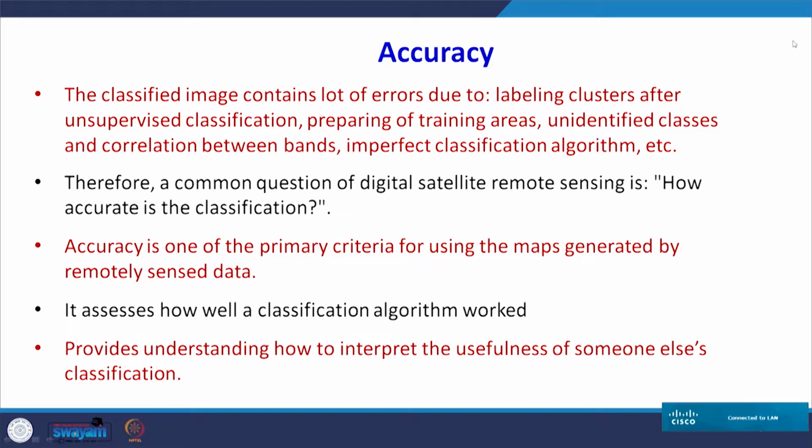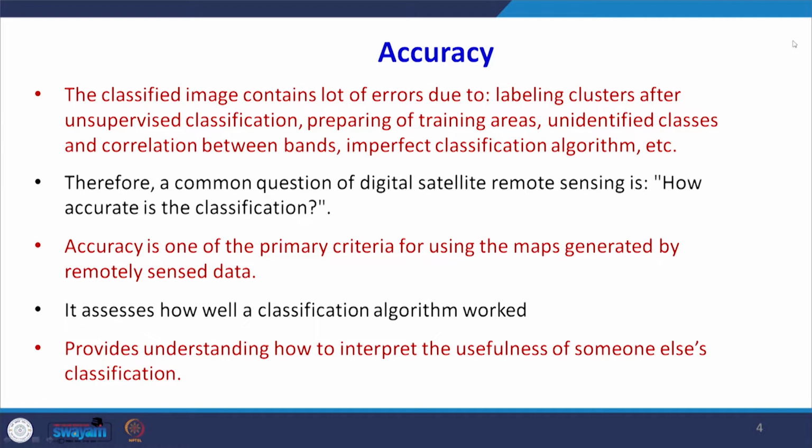It could be error in my training data sets, in labeling the clusters after the unsupervised classification method, or some classes which are not properly identified into their true classes, or the correlation between the bands. As you know, in multispectral data some bands are highly correlated, or we have not selected the correct data set, or the correct algorithm for classification.